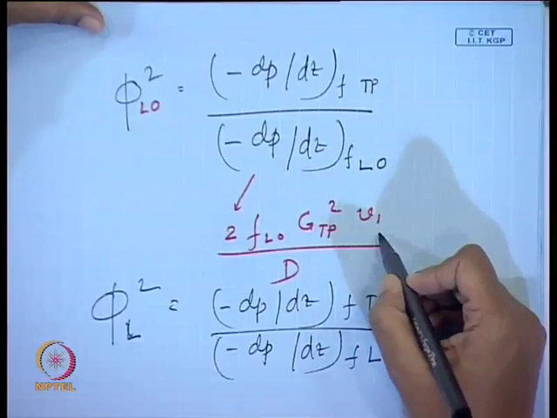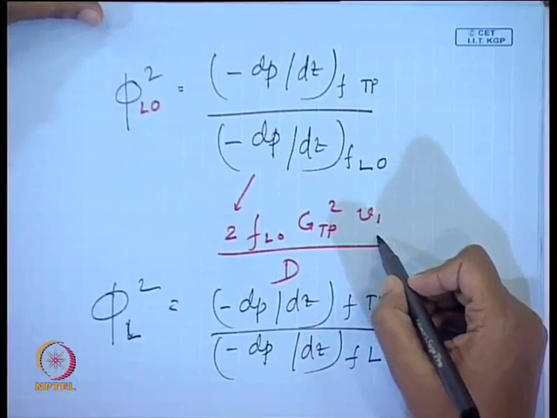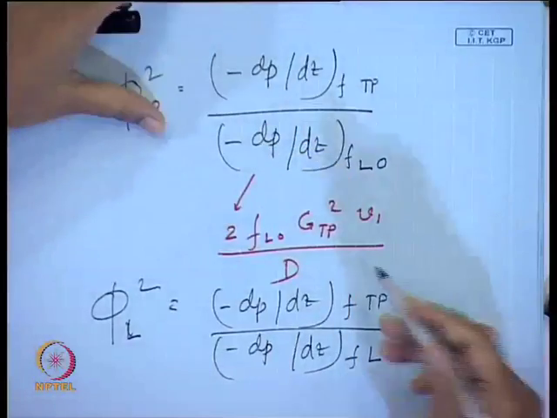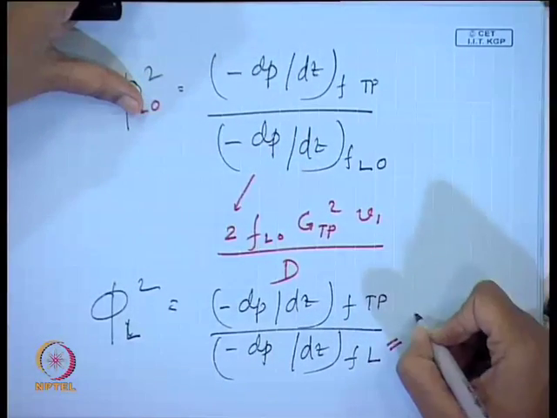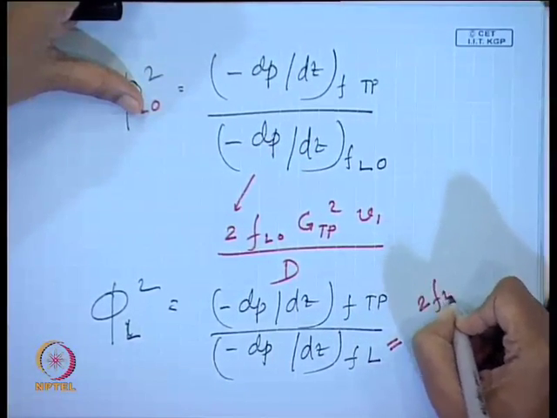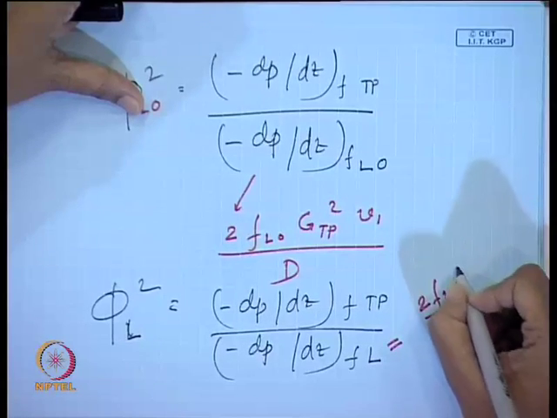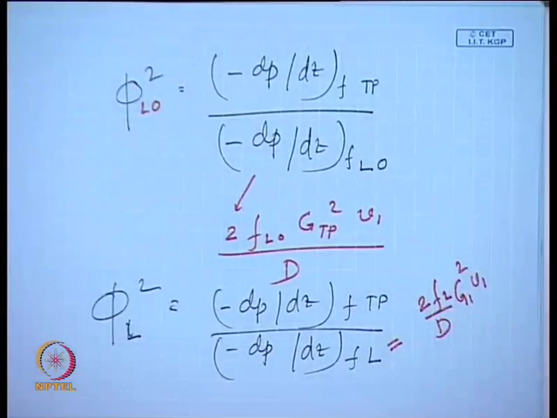For the first case, the entire mixture flows as liquid. For the next case, this is 2 F_L by D G1 square V1. Just note the difference between this and this, and try to understand the correction factors that we have, or the two phase multipliers as they are called.